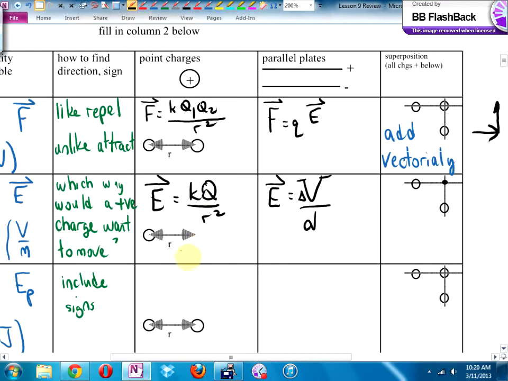This second one is if you have a point in orbit somewhere and it's inside an electric field, you don't know what's causing it, but you can measure the force that that point is feeling. The force divided by the charge at that location will tell you the electric field at that location.